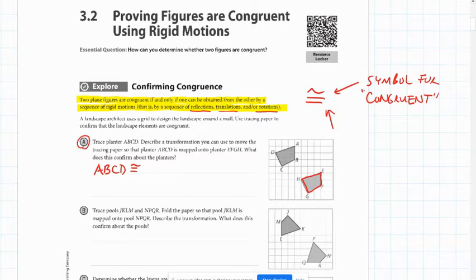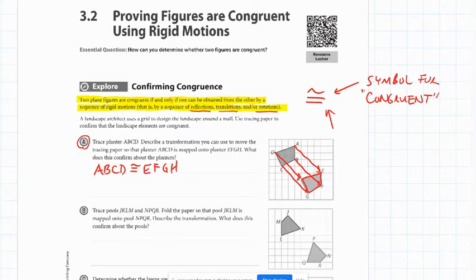Notice that point A ends up at point E, so that letter has to come first. B matches up with F, so F has to come second. C matches up with G, so that has to come third, and D matches up with H, so that has to come last, so that we get the letters in the right order, indicating which pieces correspond to each other in the congruent figures.